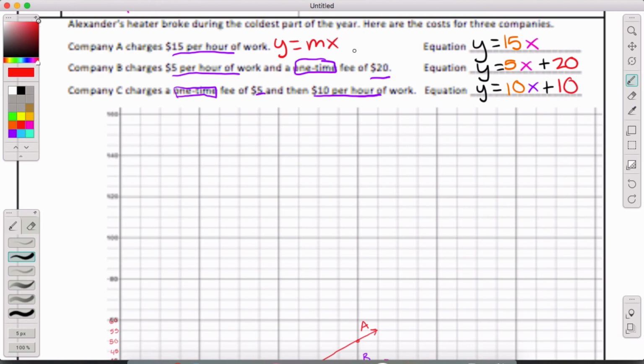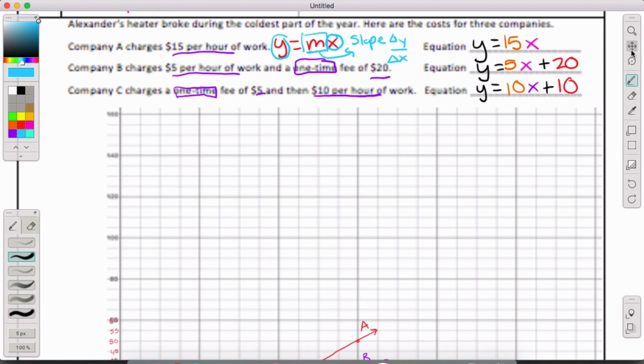There's no plus b, so there's no y-intercept. All we have are the x and y coordinate values and the slope. So this would be our slope. That's our change in the y over the change in the x. And our y and our x here are any y value and any x value.